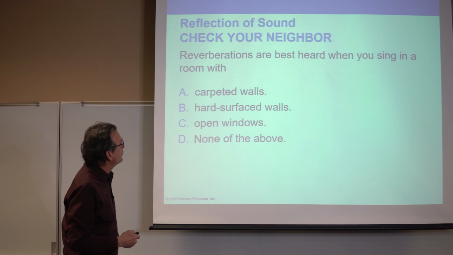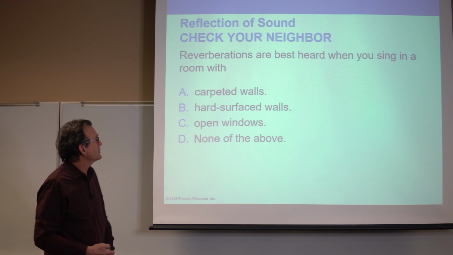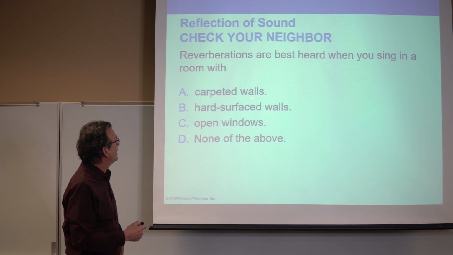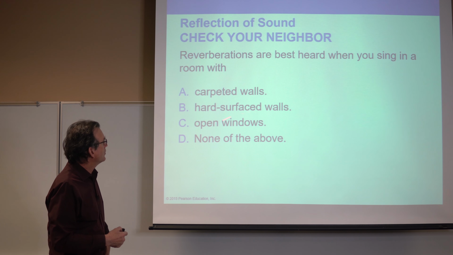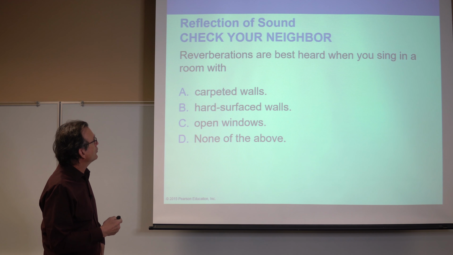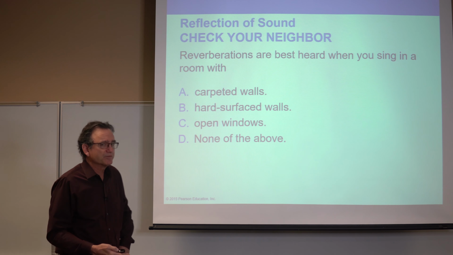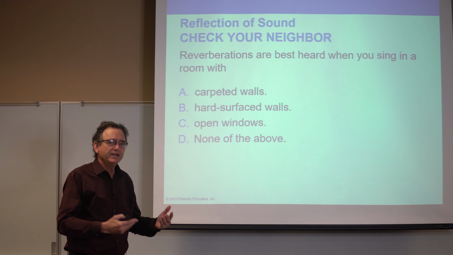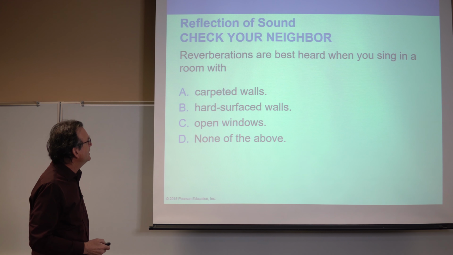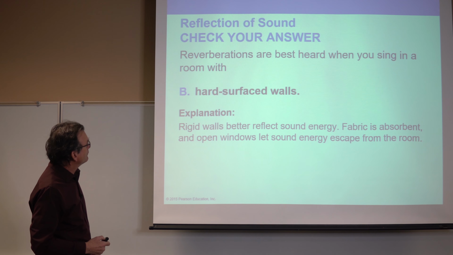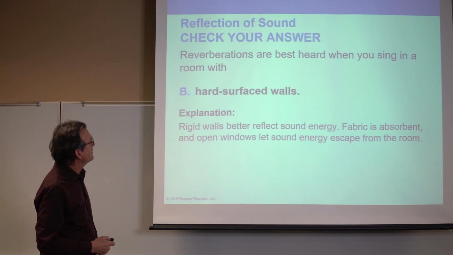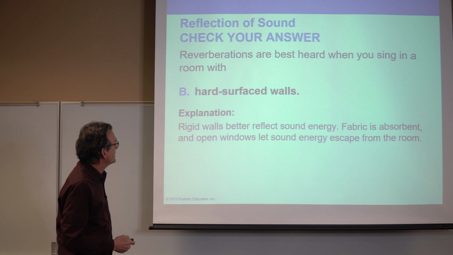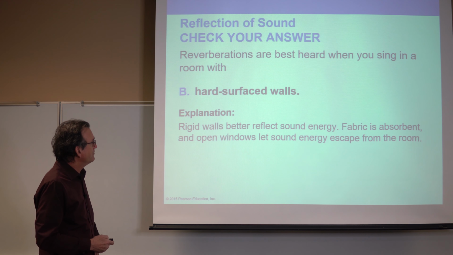In other words, would you expect to hear those echoes when you are in a room with carpeted walls, hard surface walls, or open windows? It turns out, as many of you have observed, that when you put carpet on the walls, you absorb the sound. It reduces the reflection, so the reverberations will occur best when you have hard surface walls, and the reflected signals will be more noticeable.